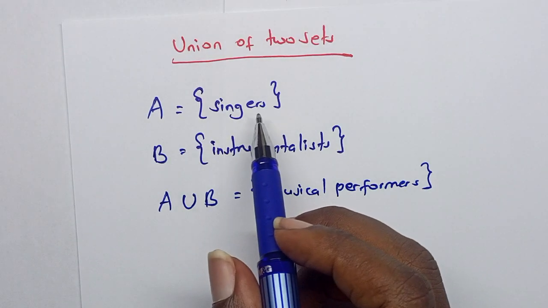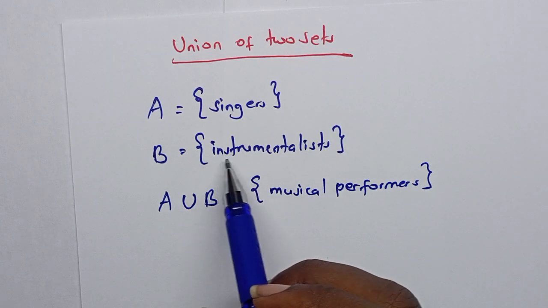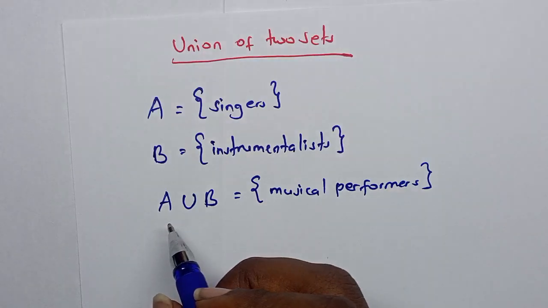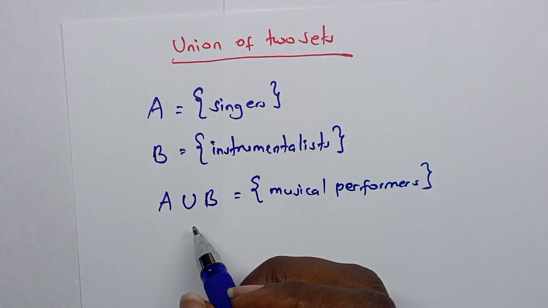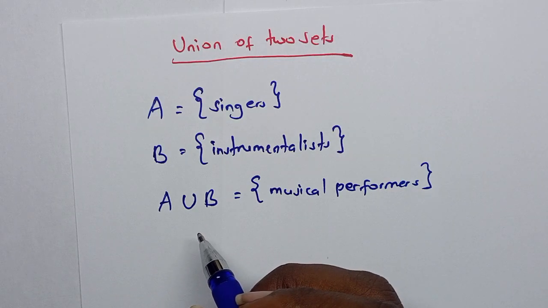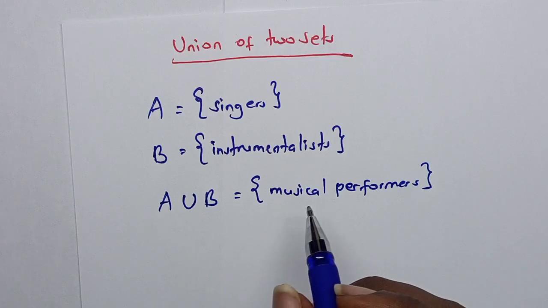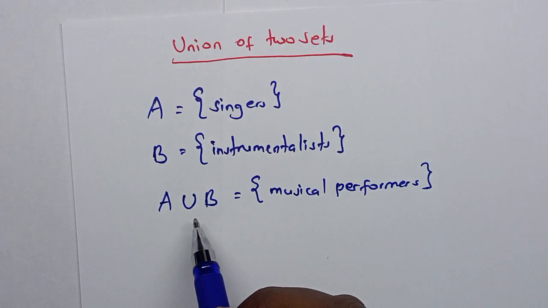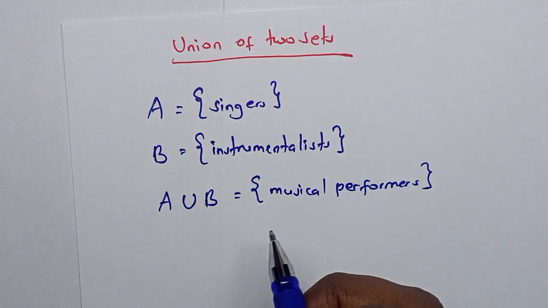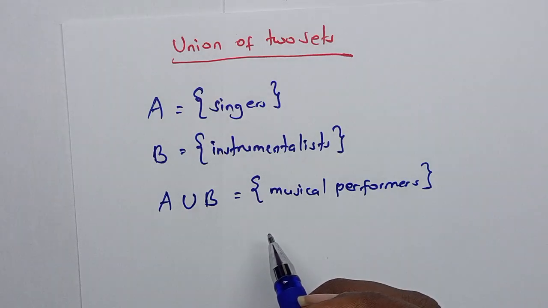That is singers, also instrumentalists. So A union B means elements belonging to A or B.